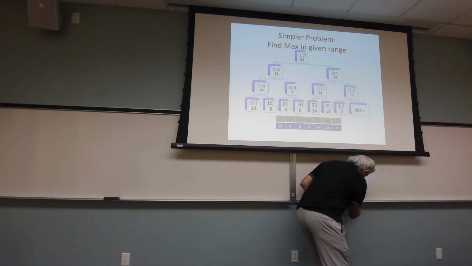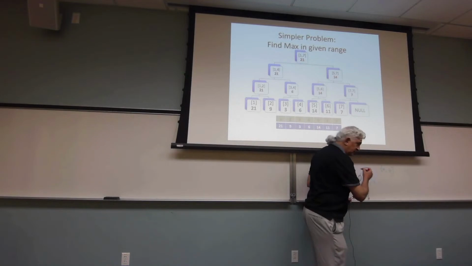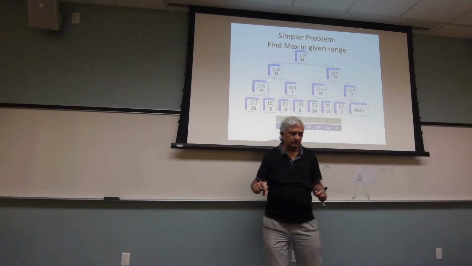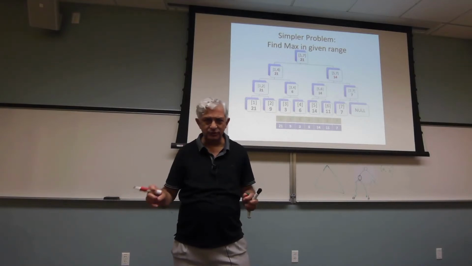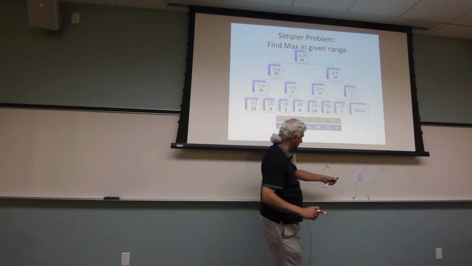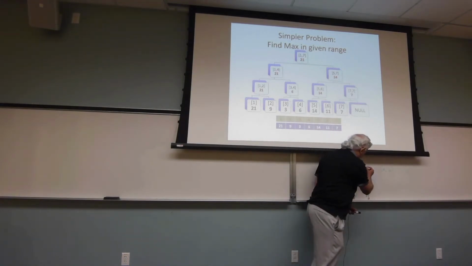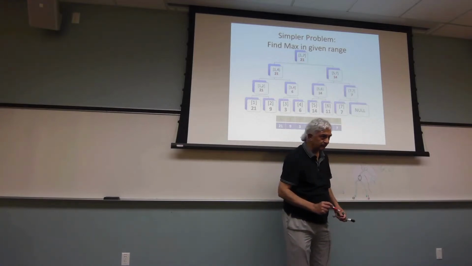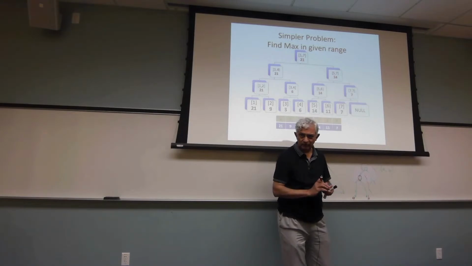So here's A, here is B, and the place where A and B were on different sides of the tree happened over here. Okay, so everything above it and on the other side, I can just ignore all of that because I don't care. It's outside my range and will not be part of my answer.